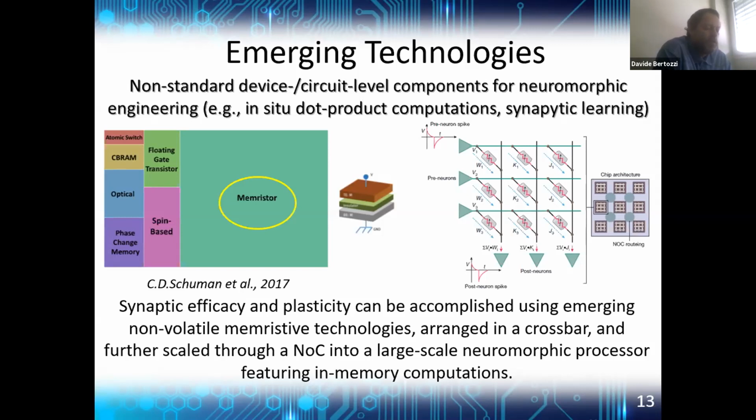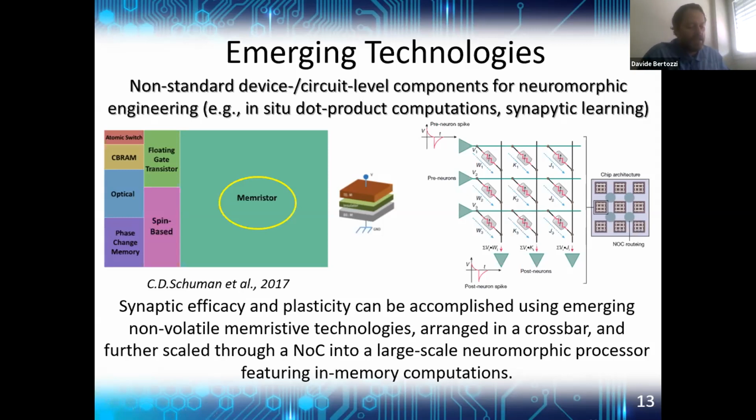In its simplest form, this means that incoming spikes are multiplied by the stored weights. So here we have on the left-hand side incoming spikes. They are multiplied by the stored weights of synapses. As you can see from the picture, this is typically implemented as a programmable, analog, and non-volatile resistance value. The way it works is the following.